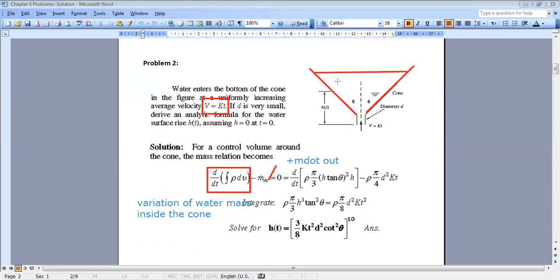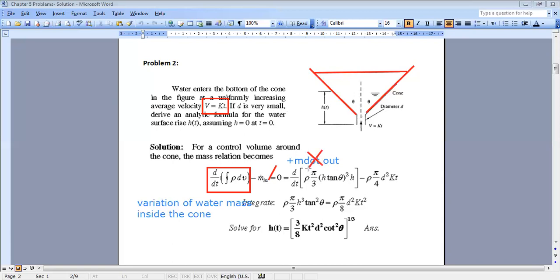They didn't give us any information that the water will reach the upper limit and then begin to fall out. So we consider that we are just putting water in order to raise the level of water in the cone, and when we reach the value needed, we will stop. We will not have water out. This is why in this application m dot out is 0.